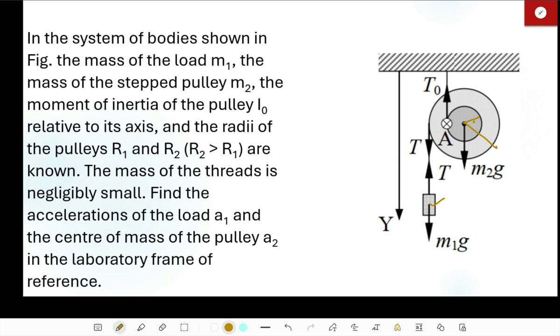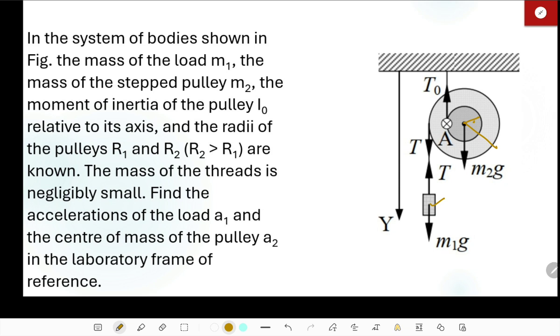So we choose a lab frame that is at rest, an inertial frame, and I'm going to fix it rigidly with the ceiling. I don't need the x-axis, so I can take only the y-axis, in the vertically downward direction.